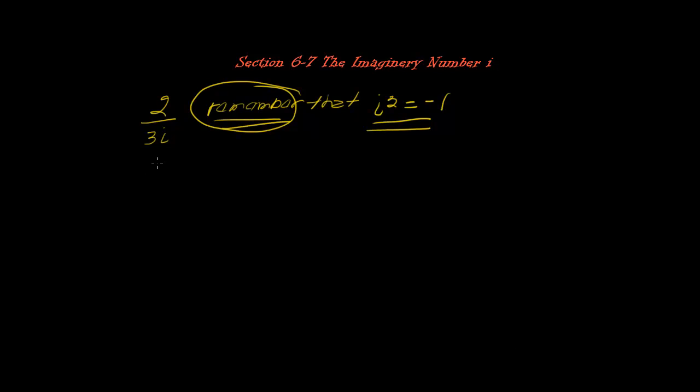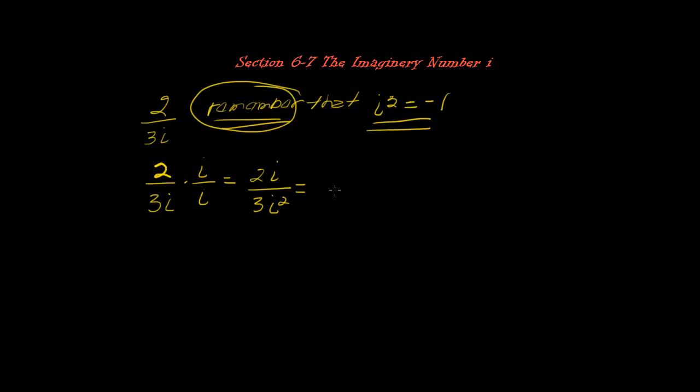So if we have 2 over 3i, we can simplify this. Think of the i in the denominator as a radical in the denominator, which we cannot have. If we multiply this by a form of 1, which is i over i, then we get 2i over 3i squared.